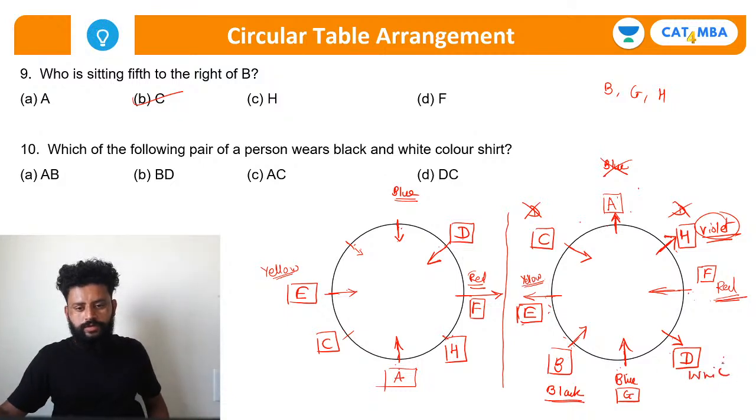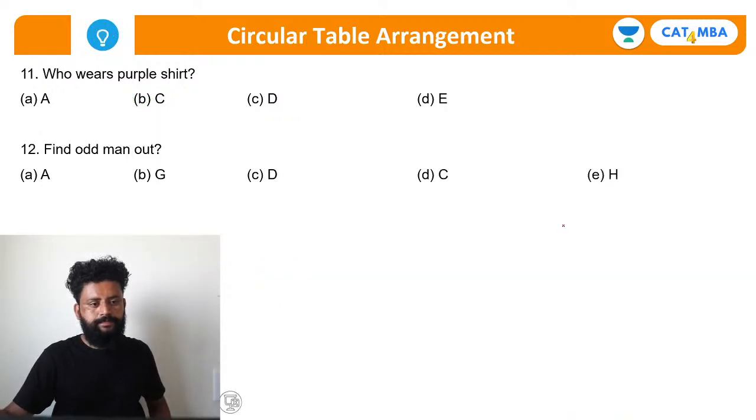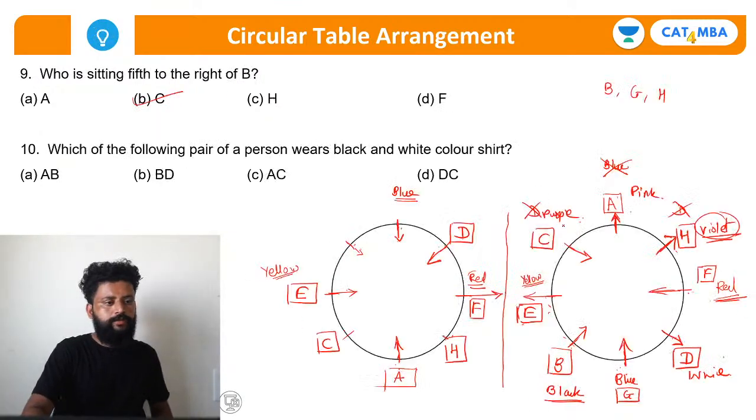This must be white. This must be pink. And this must be purple color. Then if you look at this, who wears purple shirt, that is C.